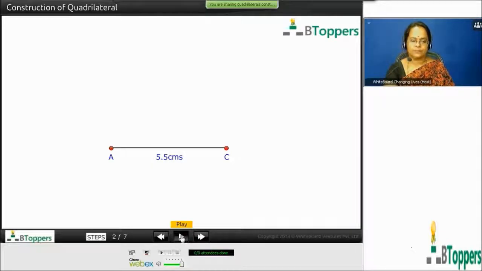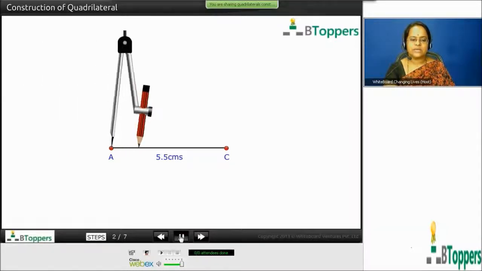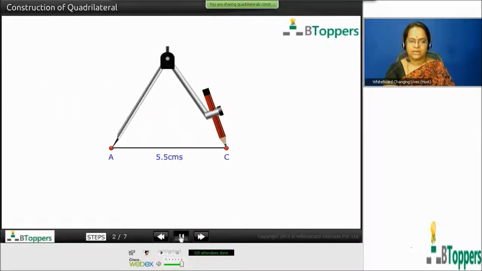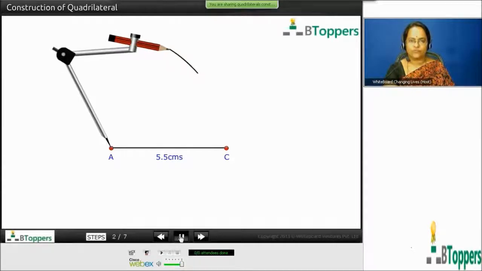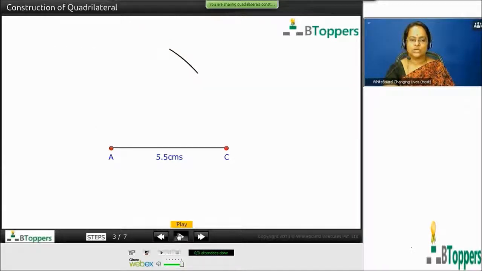Okay? Coming to the next step, what has to be done? Taking A as the center and radius equal to 5.5 centimeters, draw an arc above AC. This is for the side. Okay?